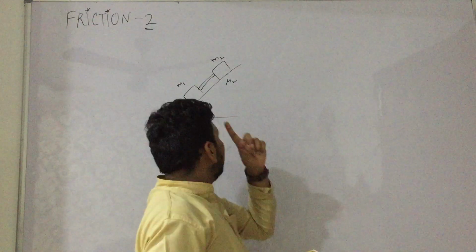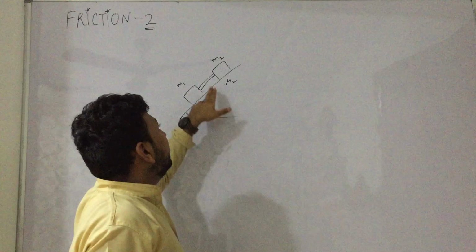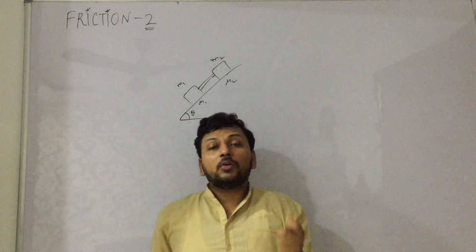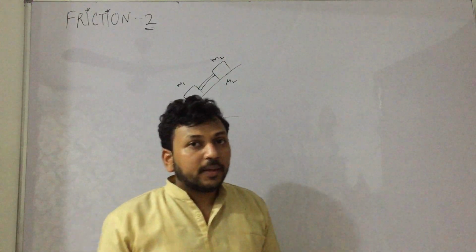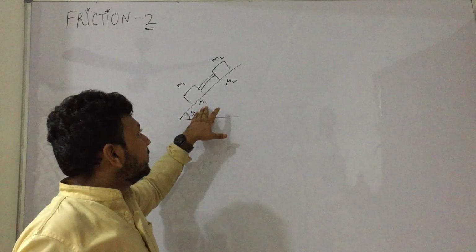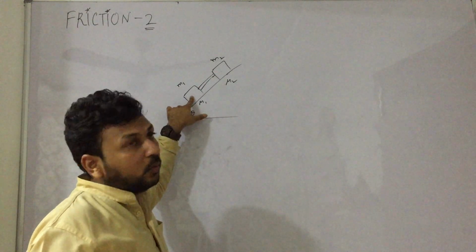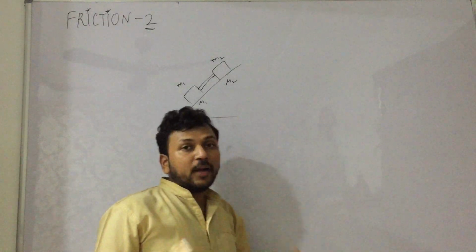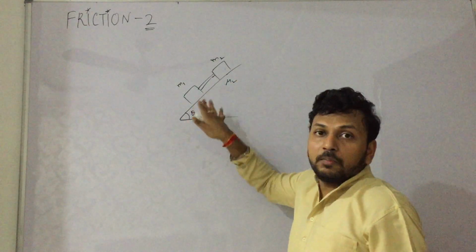If that is the case, then obviously both will come with the same acceleration, and there will be no use of this rod. There is no compression or tension in this rod. Yes. And in the second case, if we consider mu1 as greater, that means it is trying to come slow, and this is trying to come faster. That means it will push and it will not move.